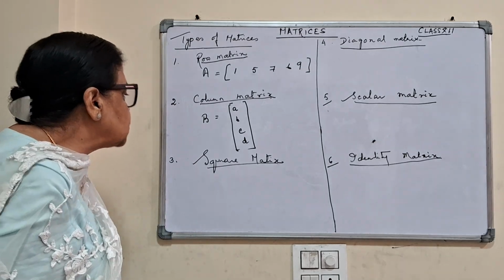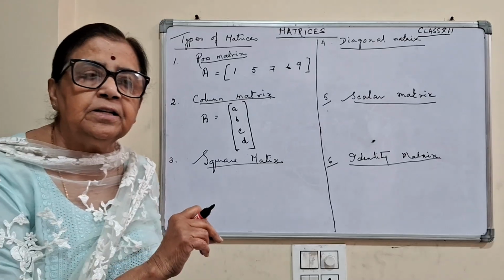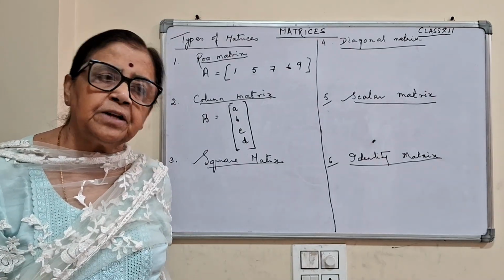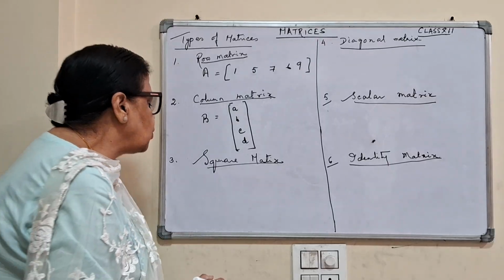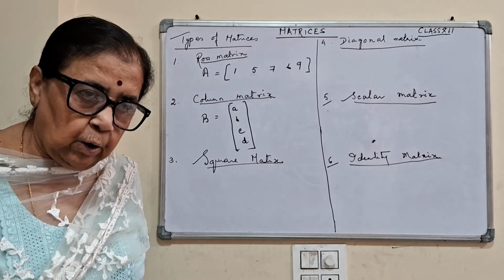Then the square matrix. The name itself defines it. Square means the length and breadth are equal. A square matrix means the number of rows and the number of columns are equal.